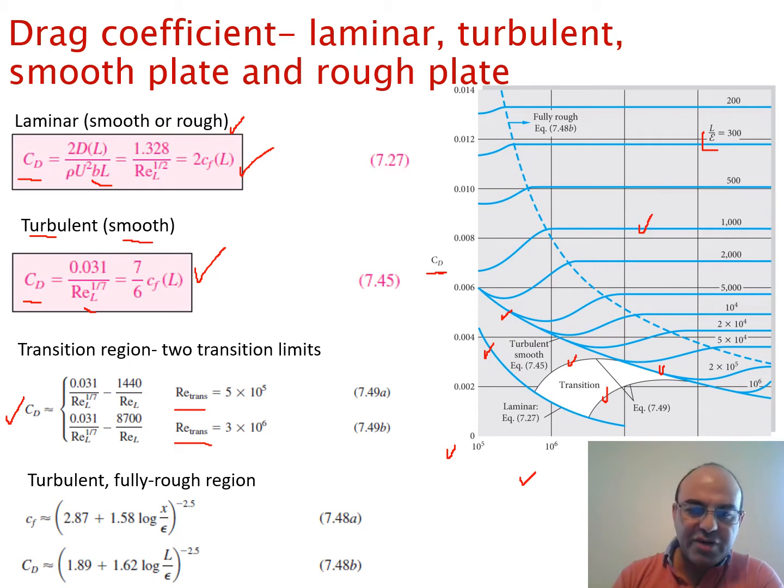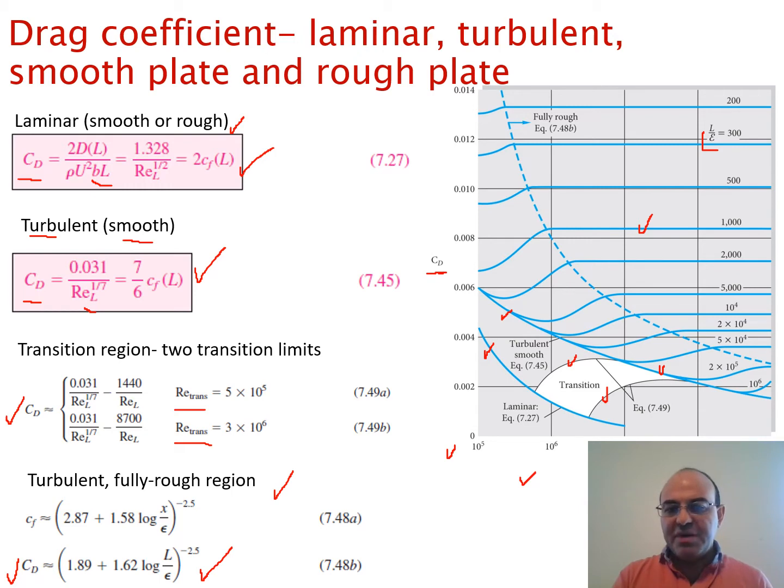We do have equations for the turbulent fully rough region, for CF, the skin friction coefficient, and CD, the drag coefficient. For drag coefficients, we can use the diagram directly, or we can use this equation. Both return the same result. CD equals (1.89 plus 1.62 log of L over epsilon, the roughness ratio) to the power of minus 2.5.